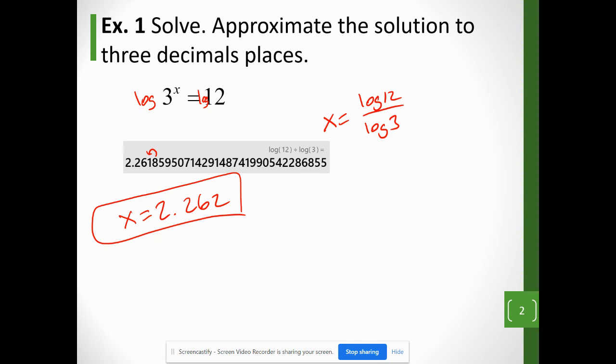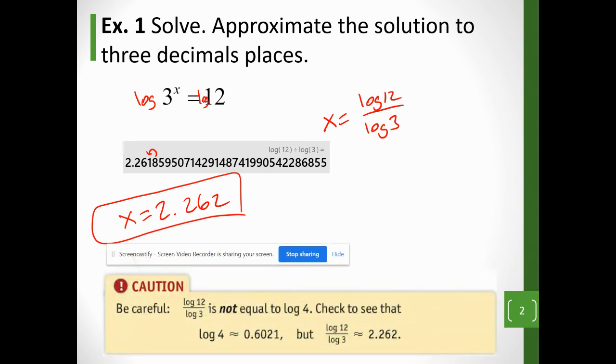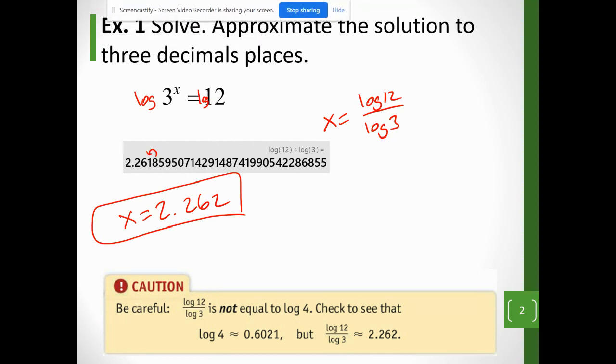Okay. One rule. Want you guys to please not forget. I had log of 12 divided by log of 3. Do not do log of 4. Like I said, do not simplify 12 divided by 3, because log of 4 is 0.6021. Notice how I get a whole different answer. So do not simplify the 12 over 3.